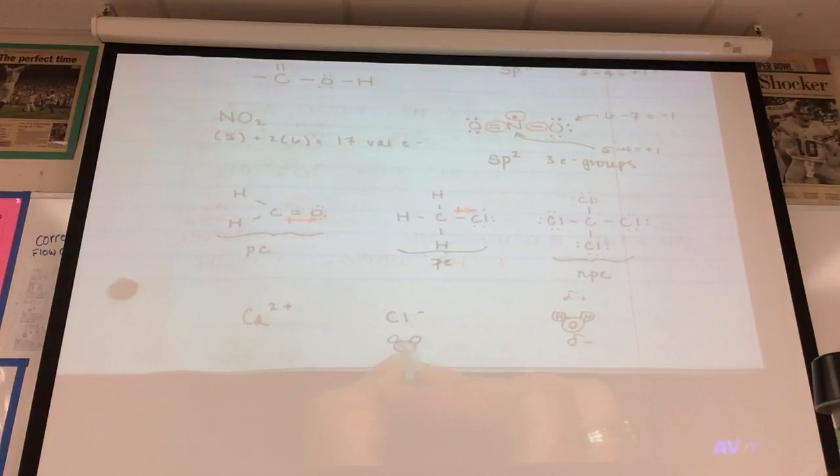So the water would be positioned in this regard, and in that regard. An ion dipole is the interaction between the ion and the polar covalent molecule positioned properly. So that would be your ion dipole interaction. And they love asking you to draw these. Don't attach them. You've got a little bit of wiggle room, if you will.